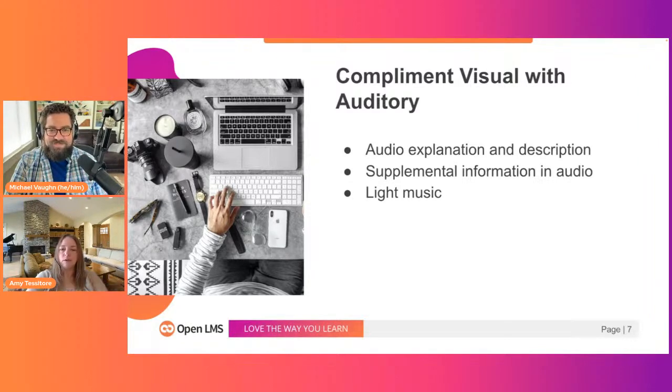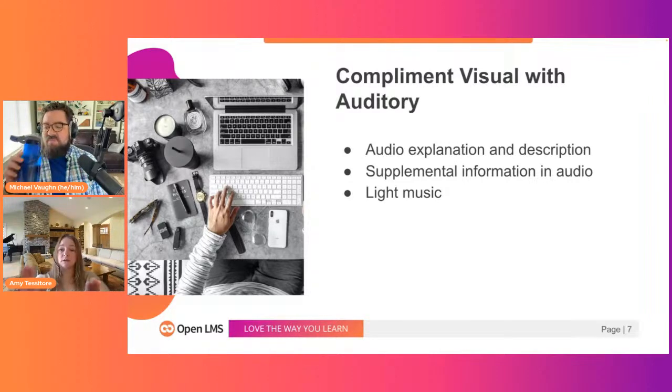So one of the things when we talk about reducing the multiple visual inputs, instead of having a number of different visuals, is we can actually complement a visual with an auditory component accompaniment. That could be something that completely explains, so it goes step by step through what we're looking at on that figure or that graphic.